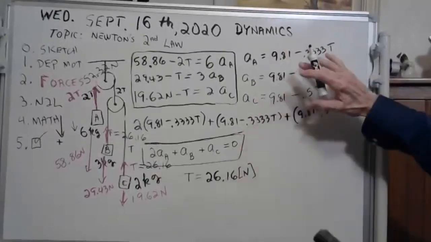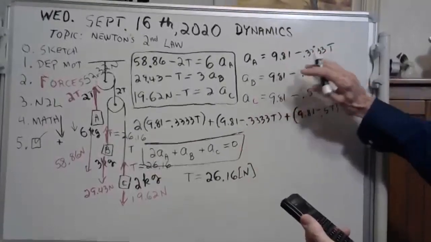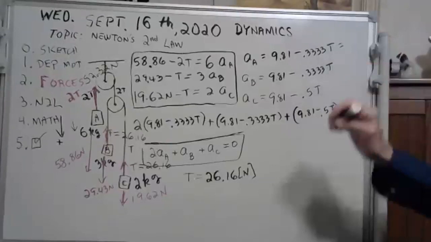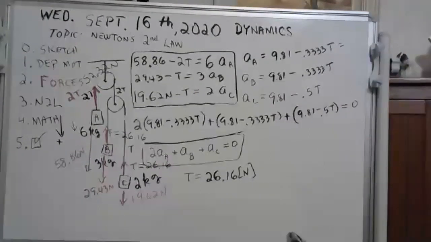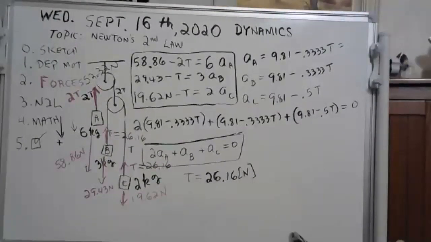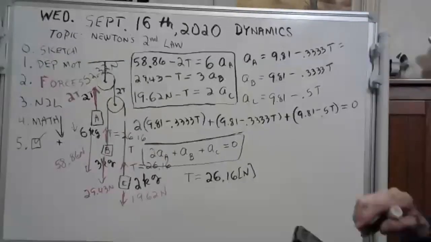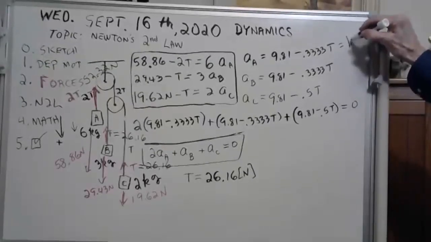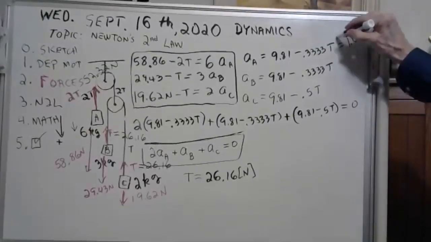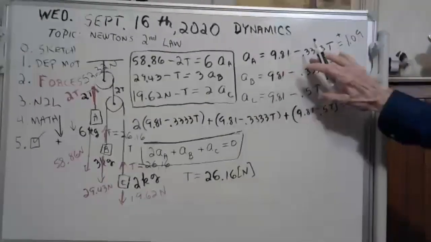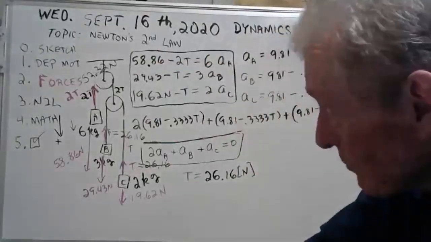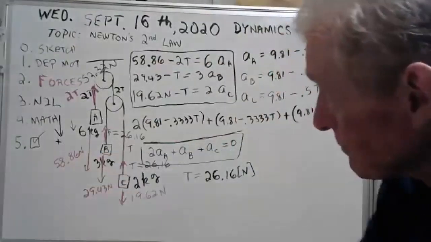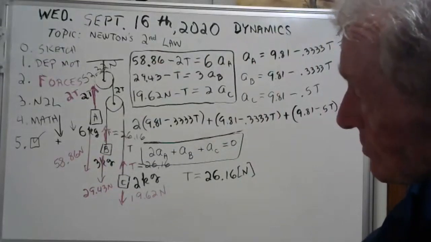I'm going to plug in 26.16 and see what I get for A. I'm getting 1.09, and it came out plus. What does that mean? Well, it's going down. Plus is down, remember? So that kind of made sense.